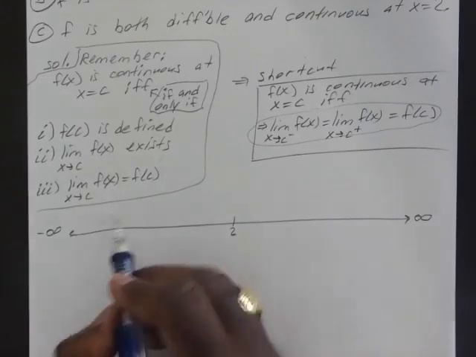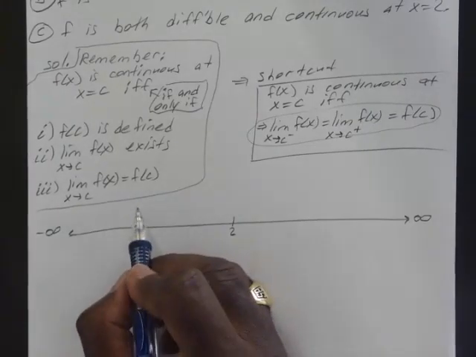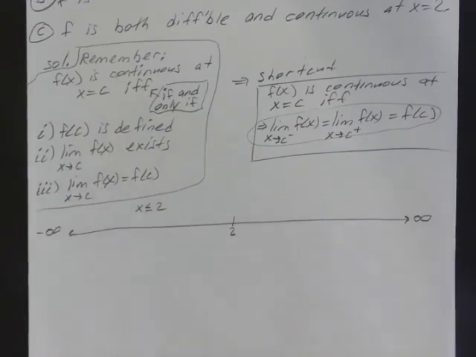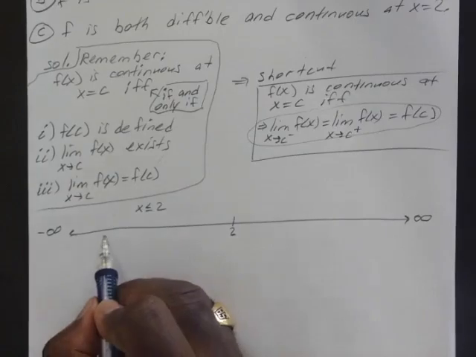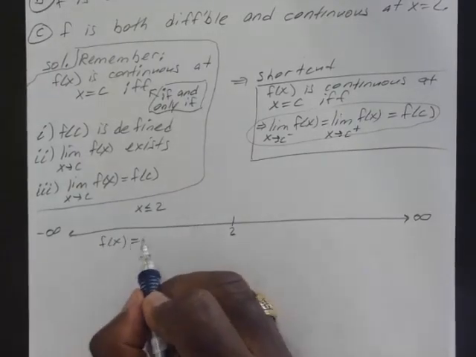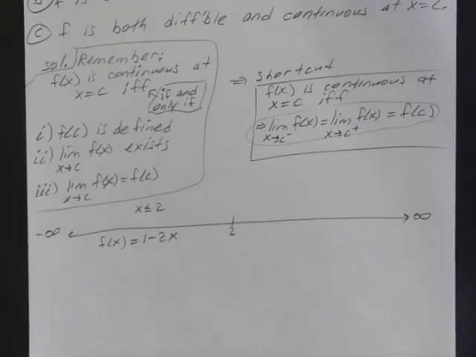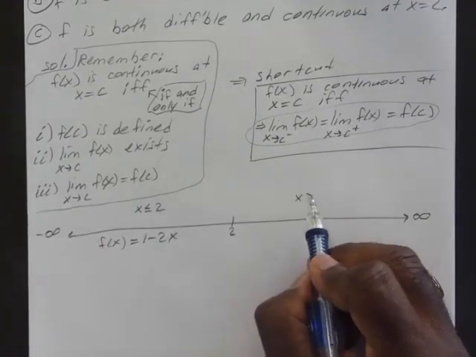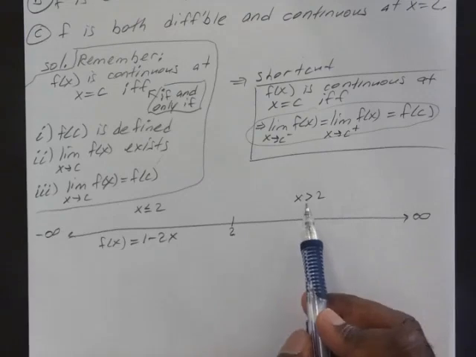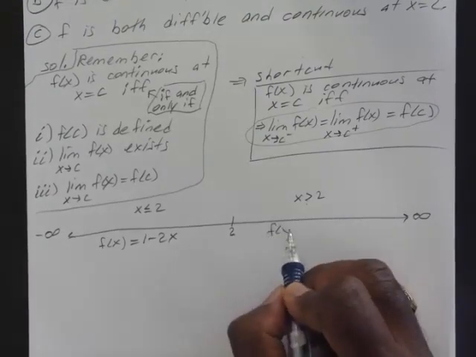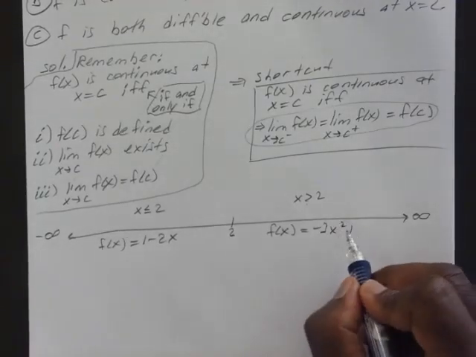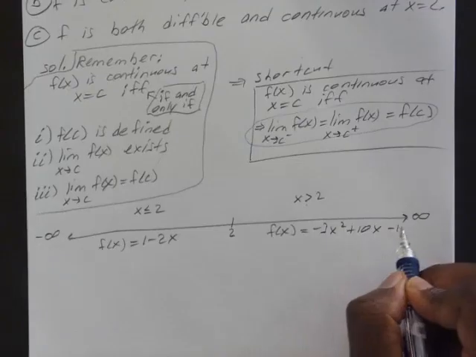The first constraint is that x is less than or equal to 2, and then our f of x is equal to 1 minus 2x. The next constraint is x is greater than 2, and then our f of x is negative 3x squared plus 10x minus 11.